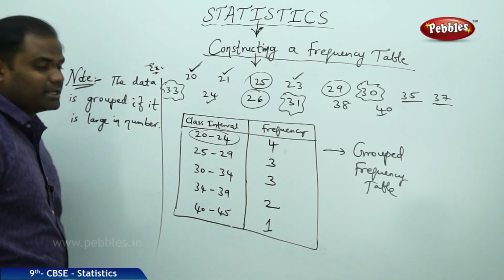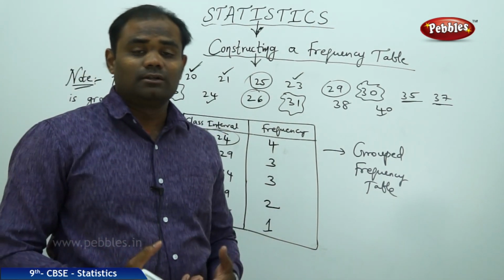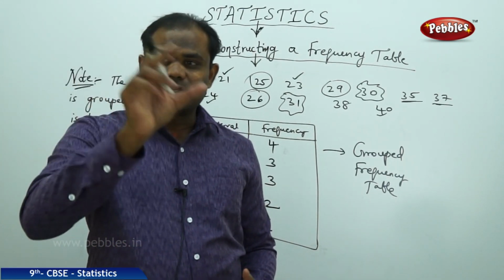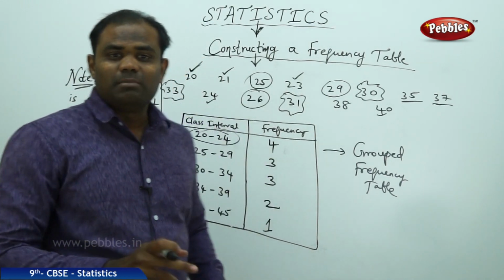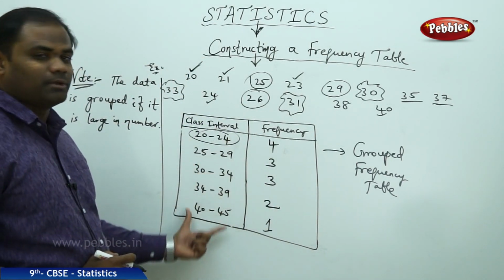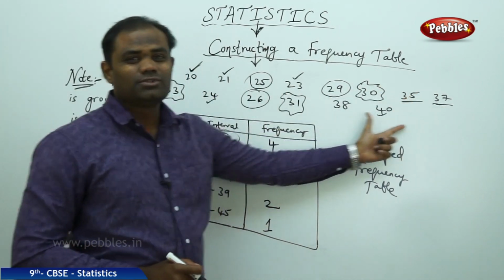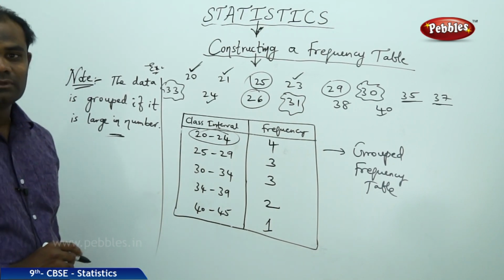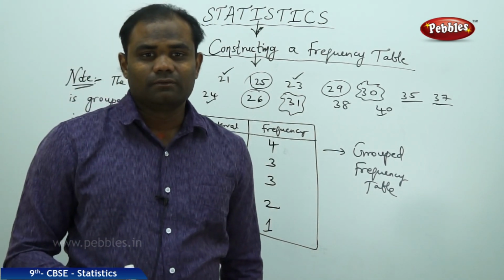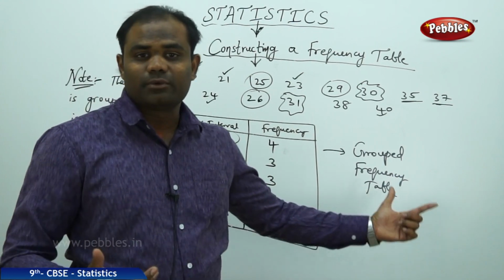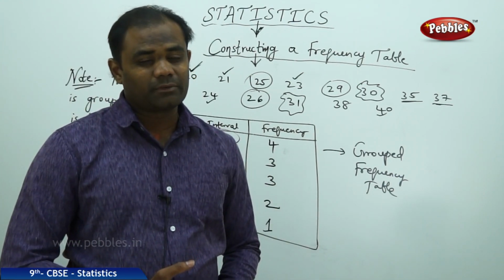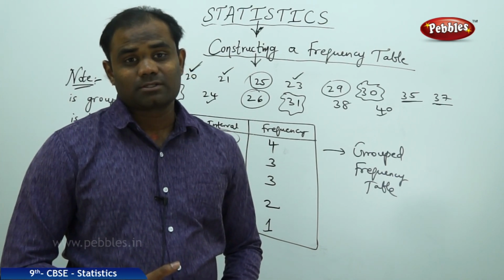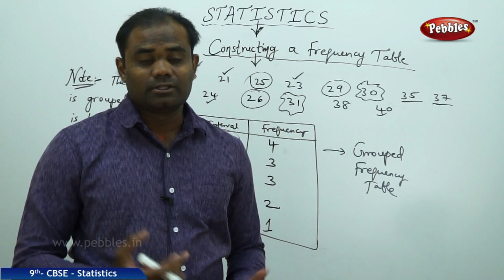That means if you have data which is 1000 or 400 or 300, then I cannot include the list of data with each value being calculated for frequency, but I can do the smart work of grouping. This being very huge data, the data is grouped if it is large in number. If it is not in large number, we try to use the ungrouped frequency table. Grouped or ungrouped frequency table depends on the number of data given in the situation.